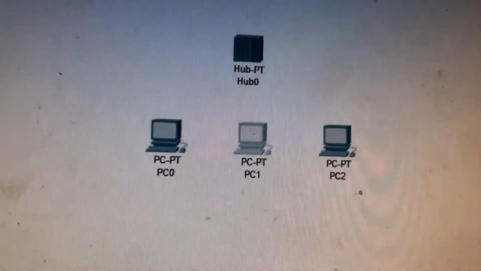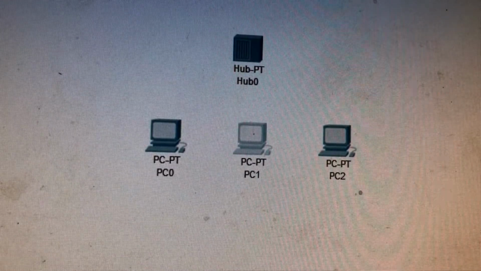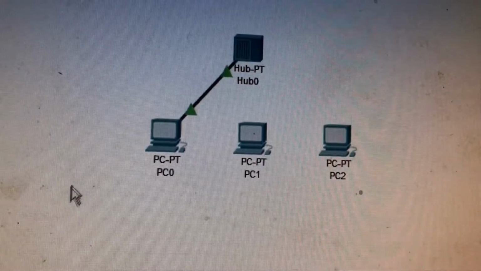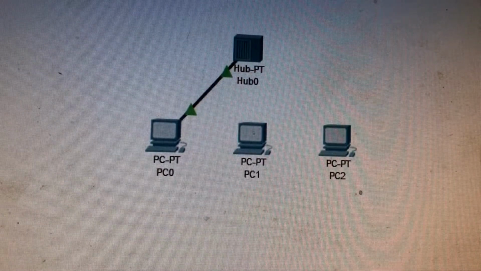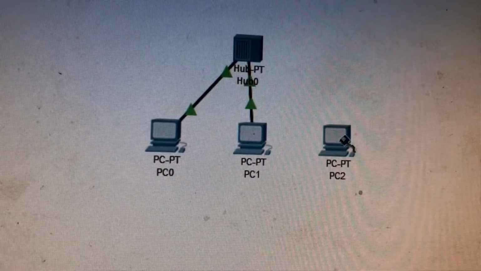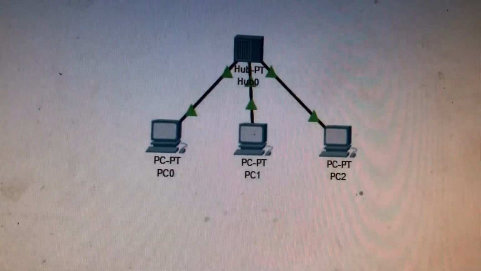Okay, so it was instructed to use the smart connection, so we're gonna use this. This one automatically detects the type of cable that you're gonna use. So this cable is a copper straight through.